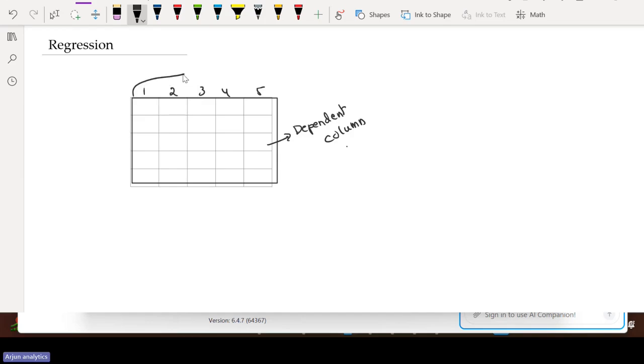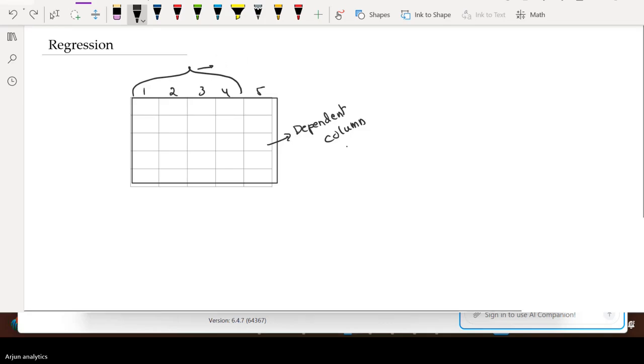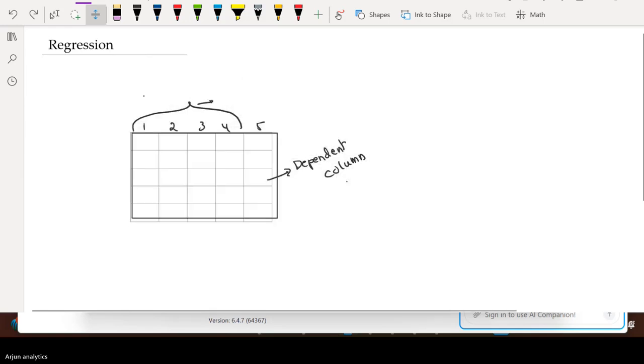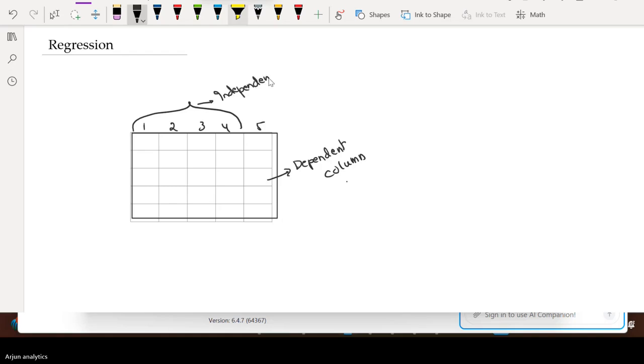Now remaining all, whatever is there over here, this is called as independent columns.